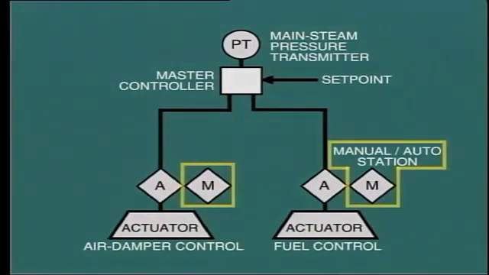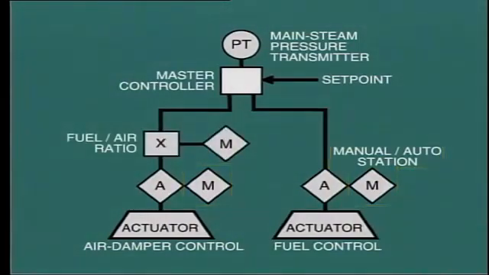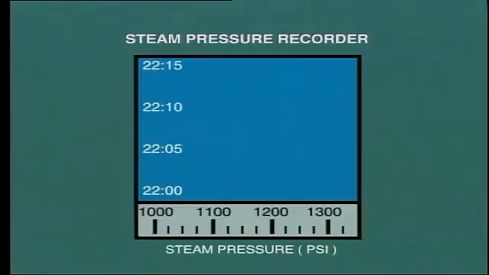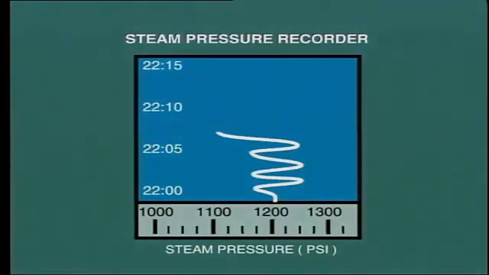Either of the actuators can be switched from automatic to manual operation if required. An additional control allows the operator to set the desired fuel-air ratio. Experience proves that more excess air is required at low loads to maintain stable combustion. One disadvantage of this simple system is that it must wait for the pressure to actually fall before commencing a corrective action.